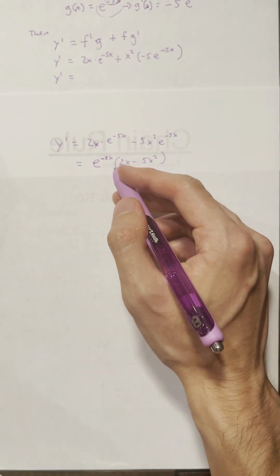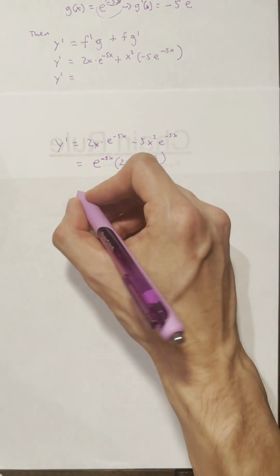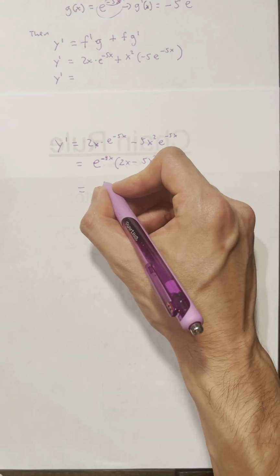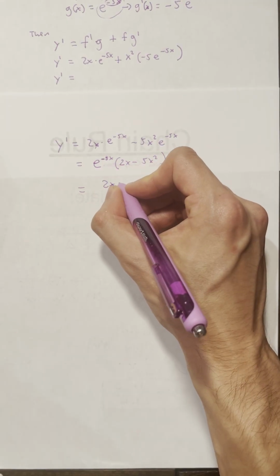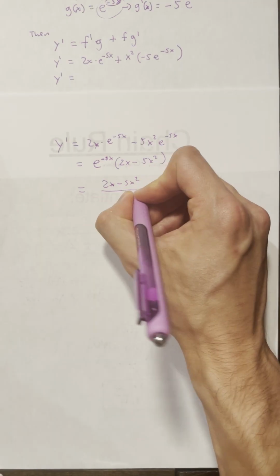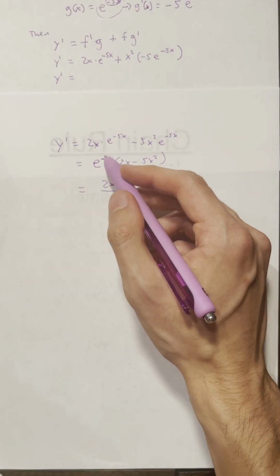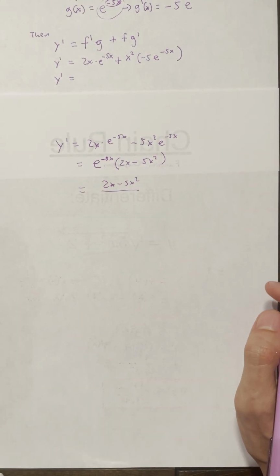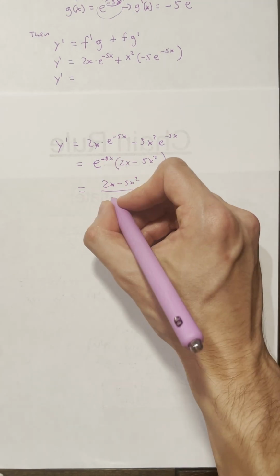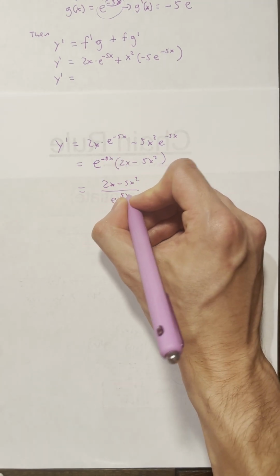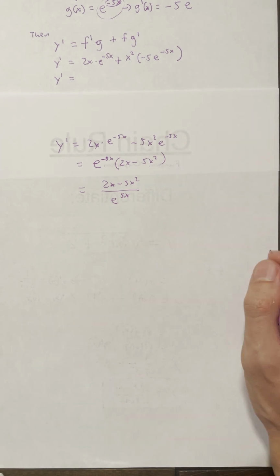You could have factored out the x, but I'm just going to leave it alone. Yeah, so to get rid of the negative exponents, where does e to the power, where does this go? This belongs in the denominator, and we got rid of the negative exponent.